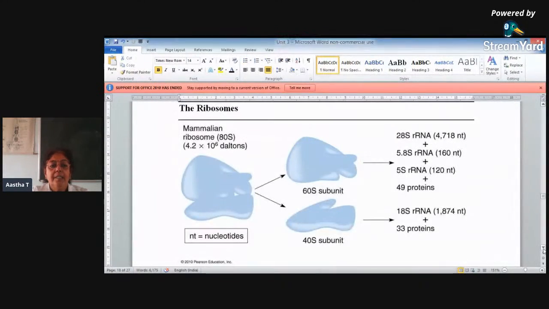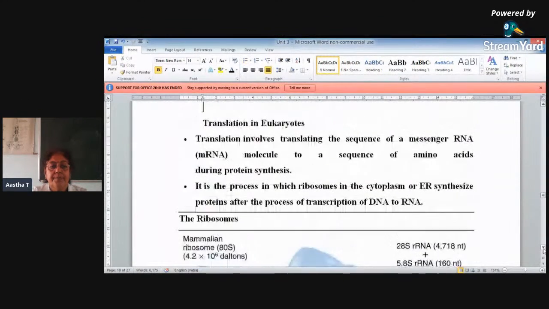Next, translation in eukaryotes. There is not much difference, only small points you need to remember. So the same, you'll define it as a process of translating the sequence or coded information in messenger RNA into amino acids during protein synthesis.